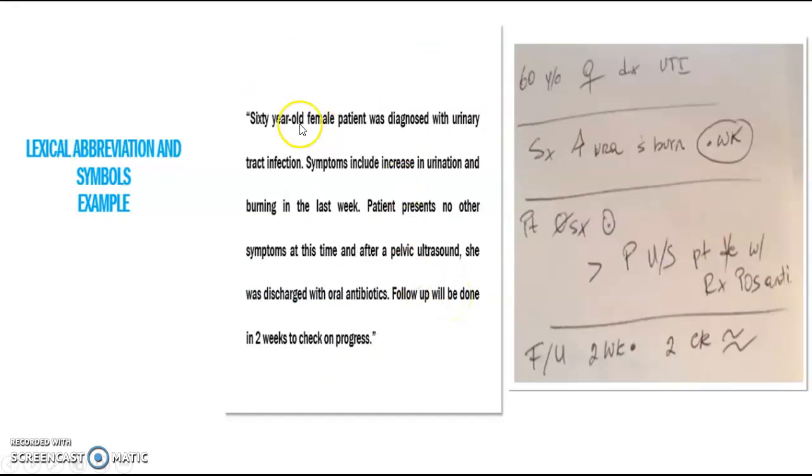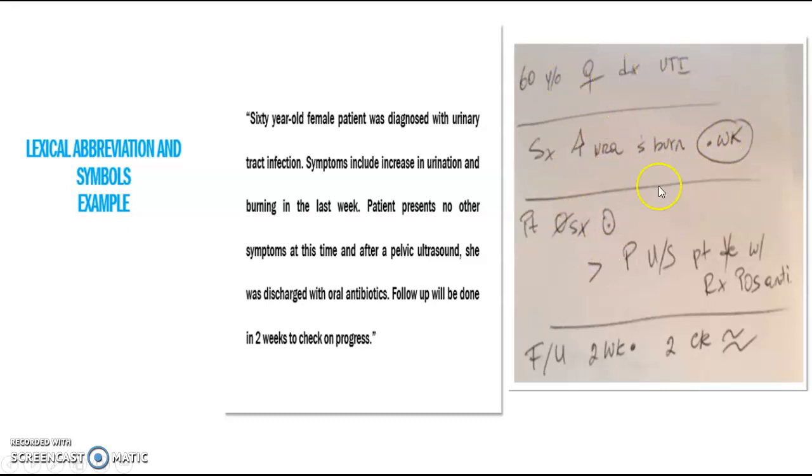This is an example of a speech or something that someone was saying. A 60 year old female patient was diagnosed with a urinary tract infection. As you can see, it's about medical things, and this is the note taking that you can perceive here.